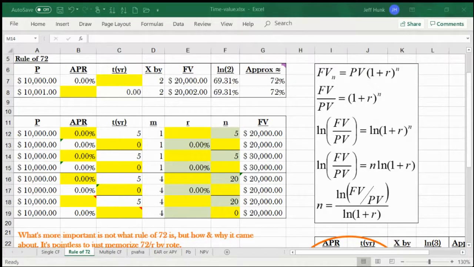This could be for both time value of money or, well, as far as it is about time value of money, it can apply to any class.